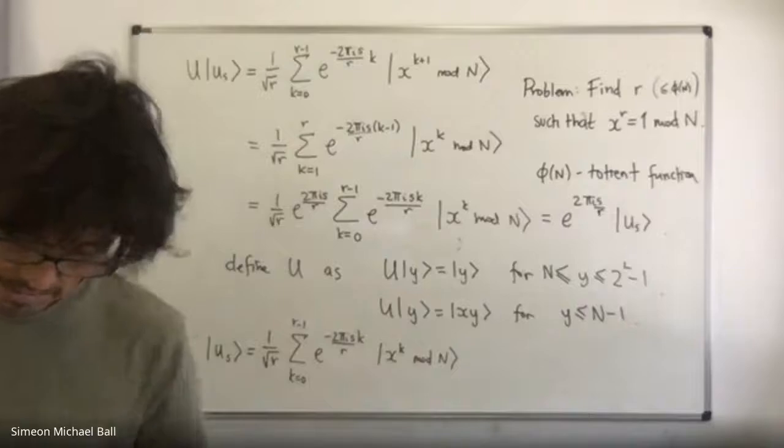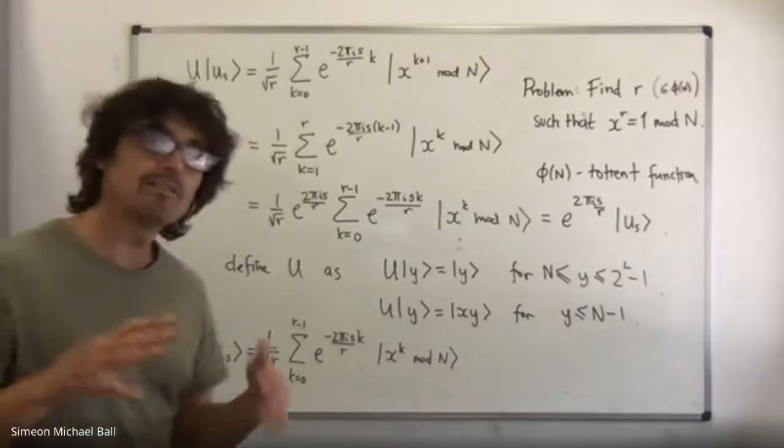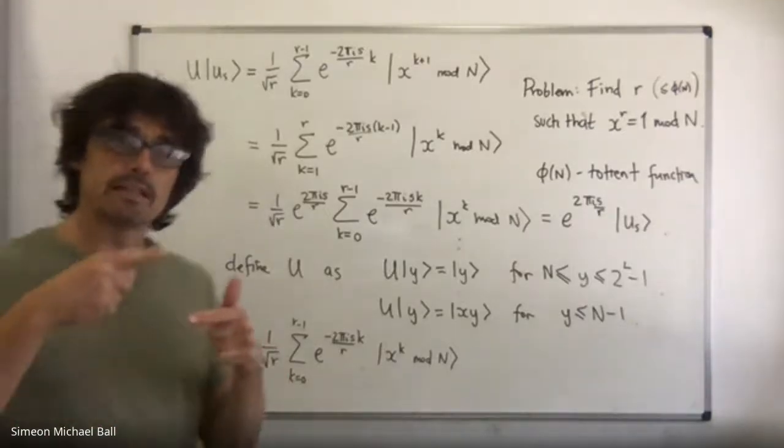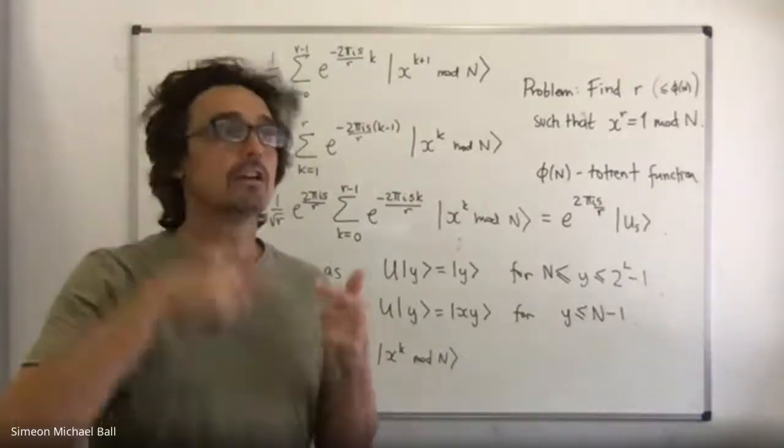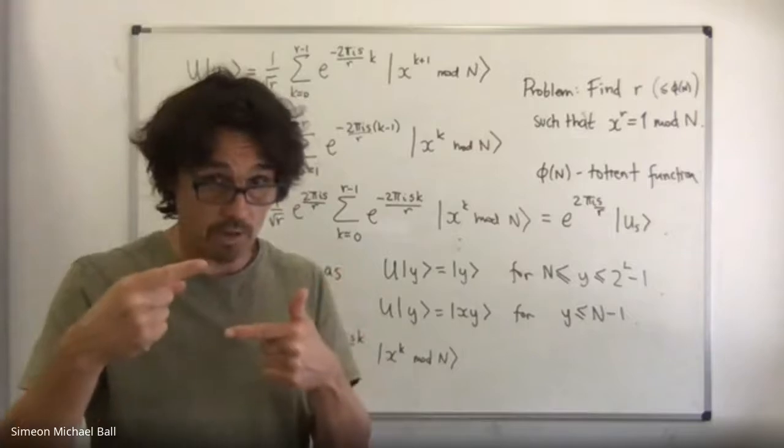And now I'll touch on the fact that in our phase estimation algorithm we had u squared, u to the 4, up to u to the 2 to the t minus 1.